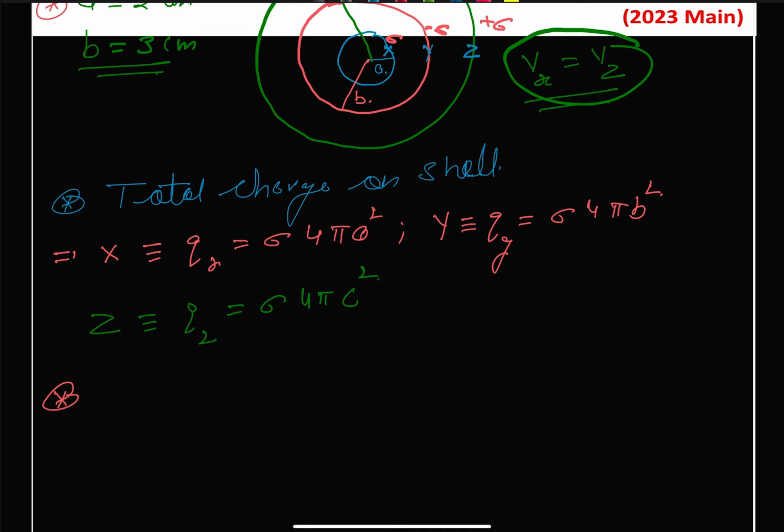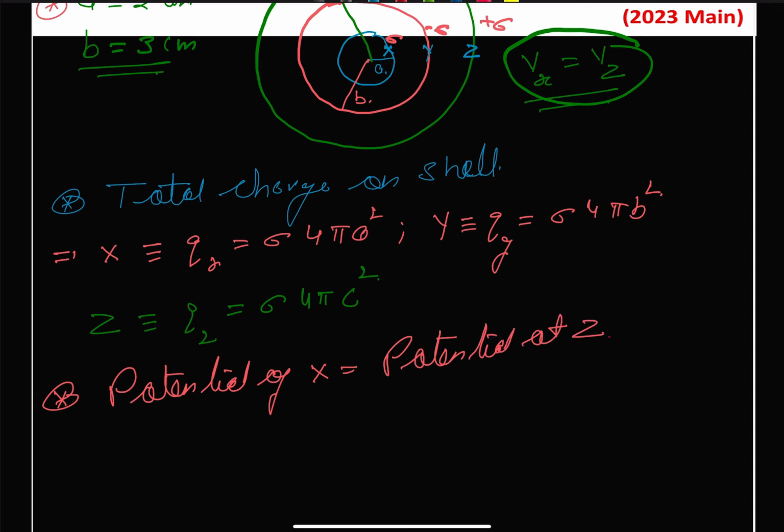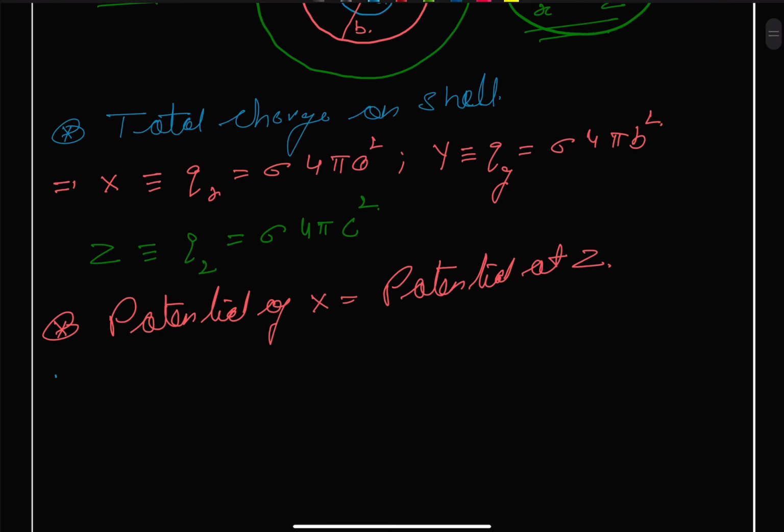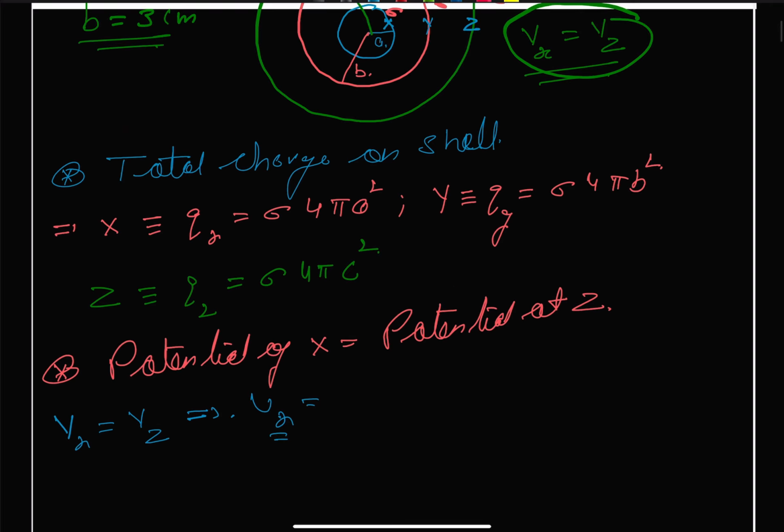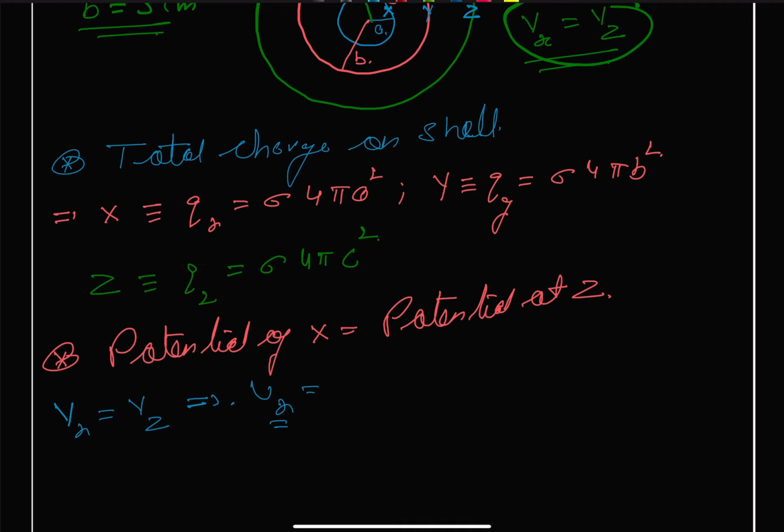So we are given potential at X is equal to potential at Z, or we can write V of X is equal to V of Z. We substitute the respective equations, and we need to find out first of all V of X. And here V of X means the innermost shell.